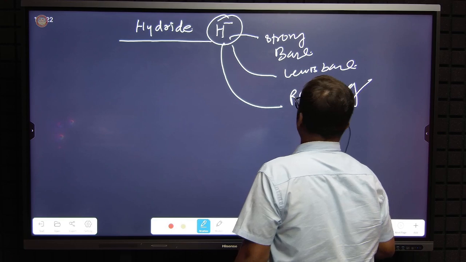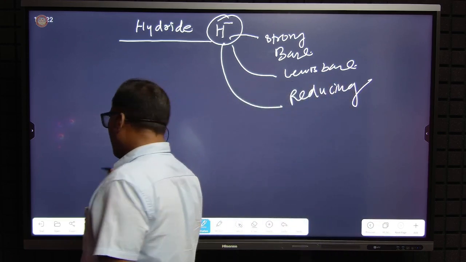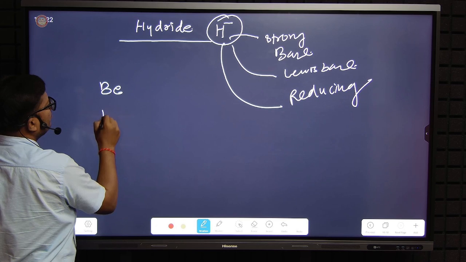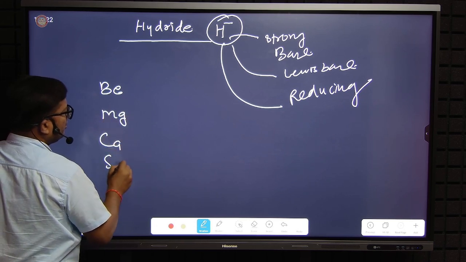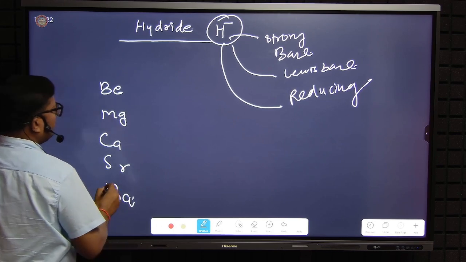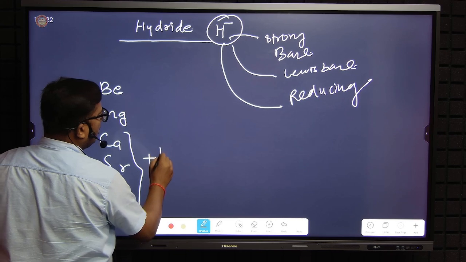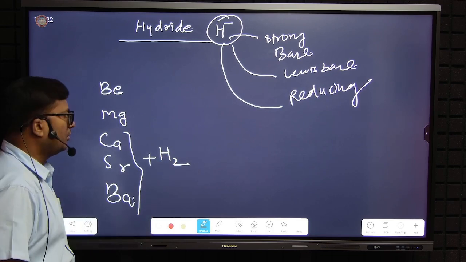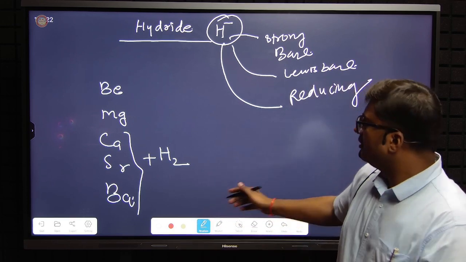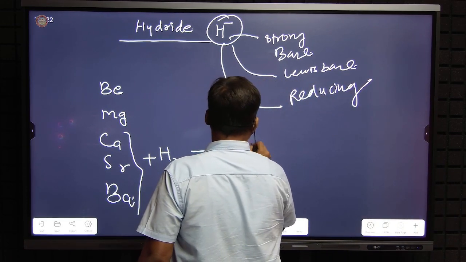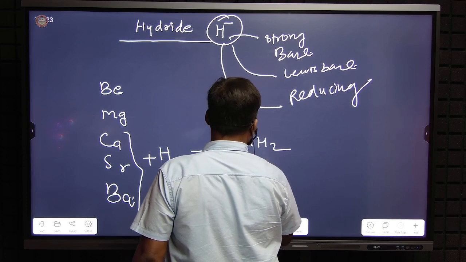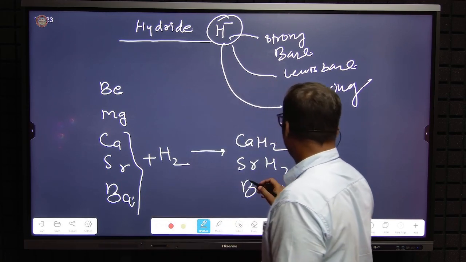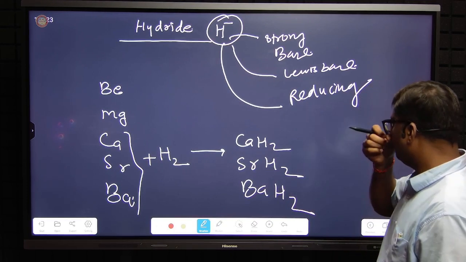All the alkaline earth metals, that is beryllium, magnesium, calcium, strontium, and barium, react with hydrogen gas and form compounds like CaH2, SrH2, and BaH2: calcium hydride, strontium hydride, and barium hydride.